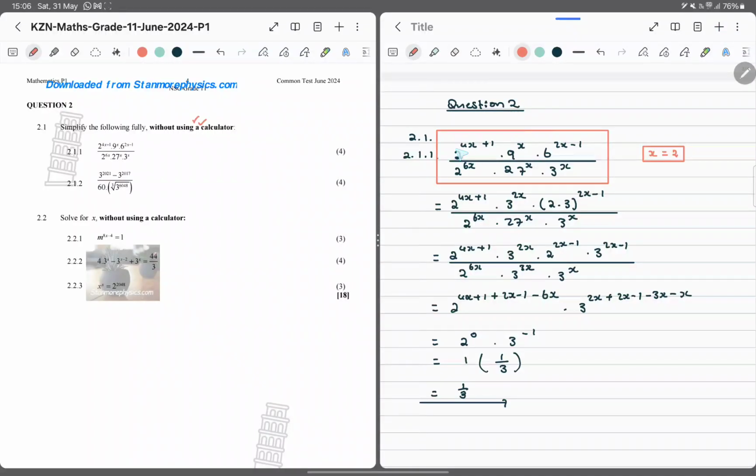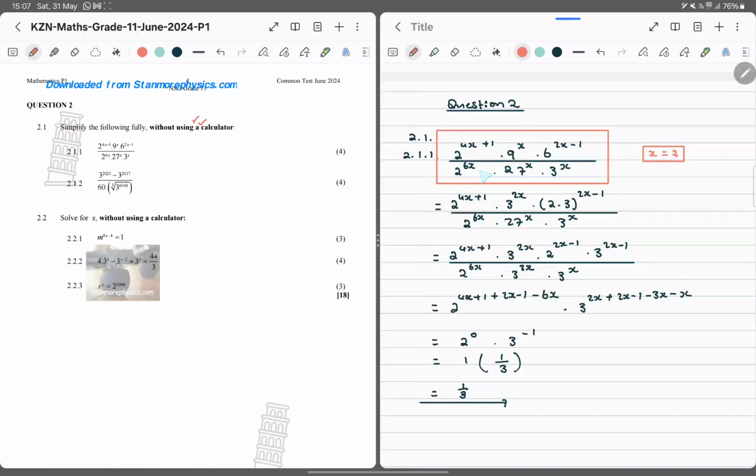Okay, so this is 4 into 2, then plus 1, and then we're going to say times 9 to the 2, times 6 to the 2 into 2, minus 1.